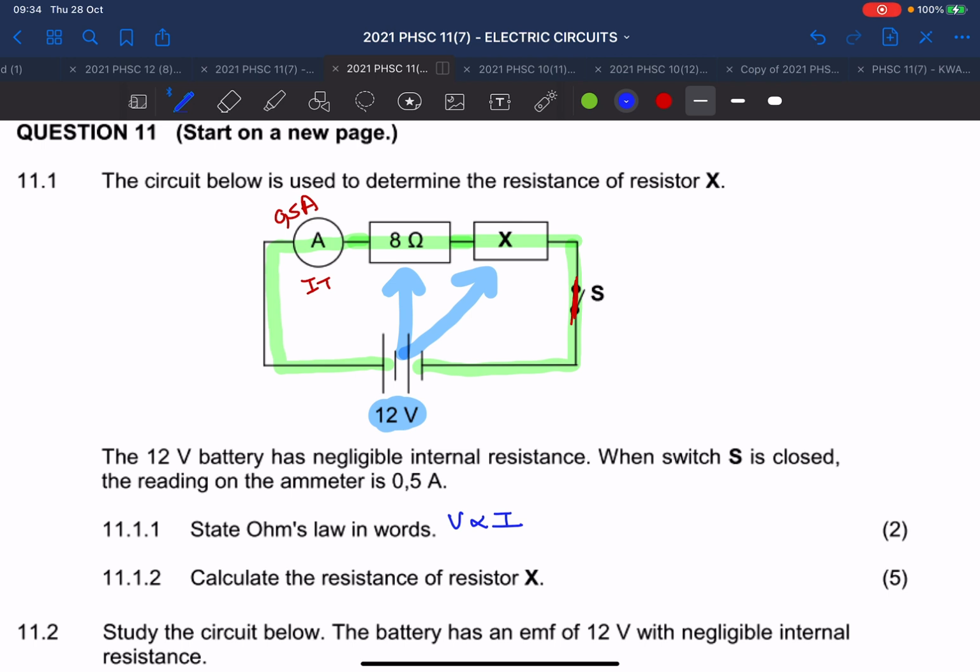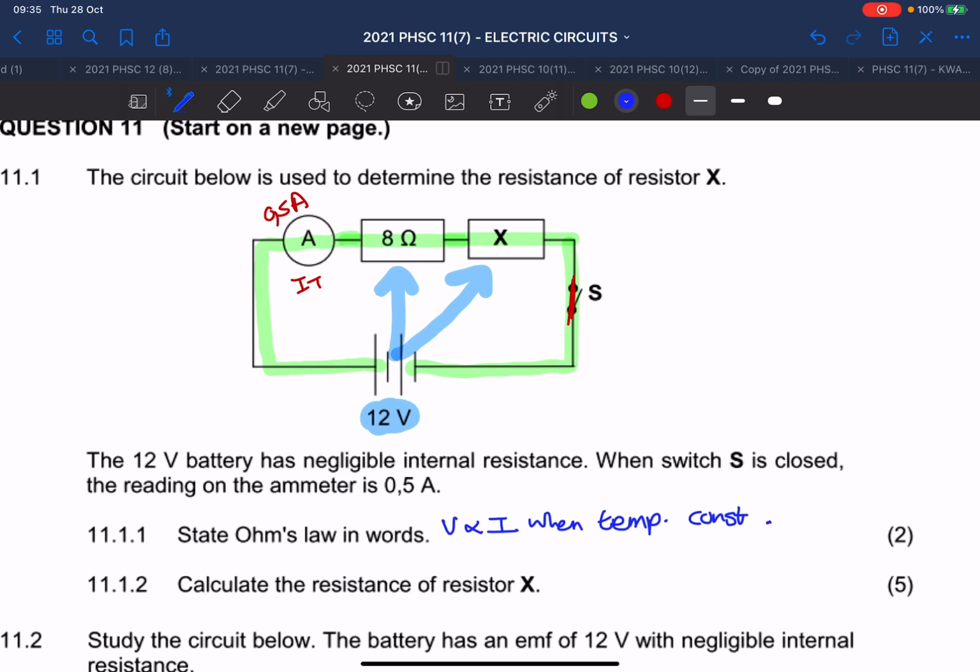When the temperature is constant. Hello, Tiamo, she doesn't have to thank you. And did she ask you for help? Just indirectly. No, she didn't ask.